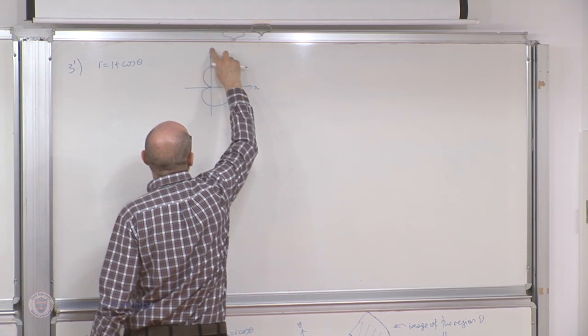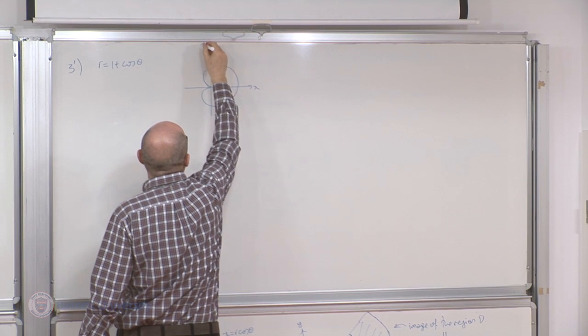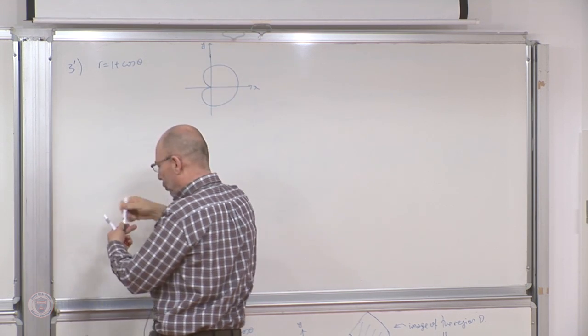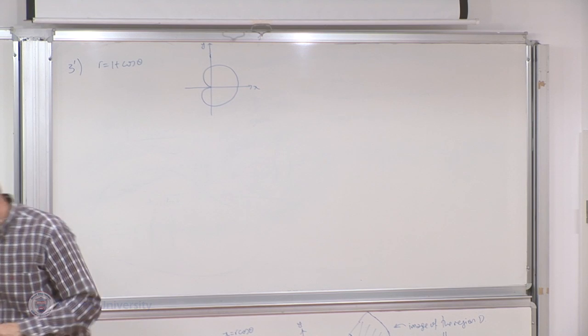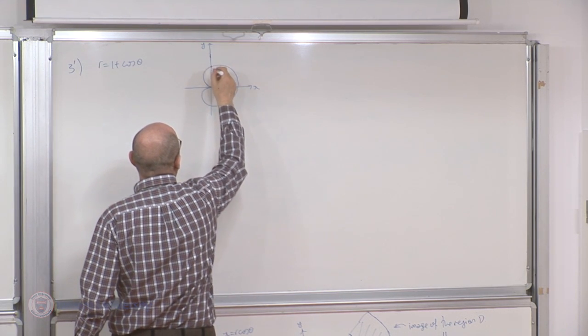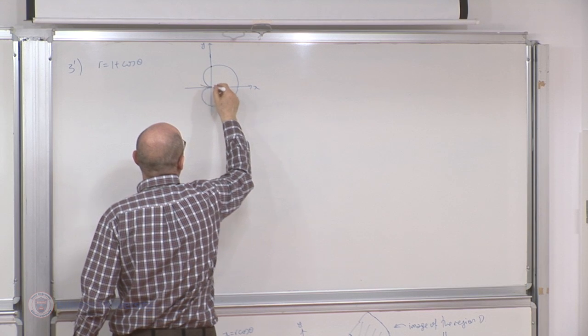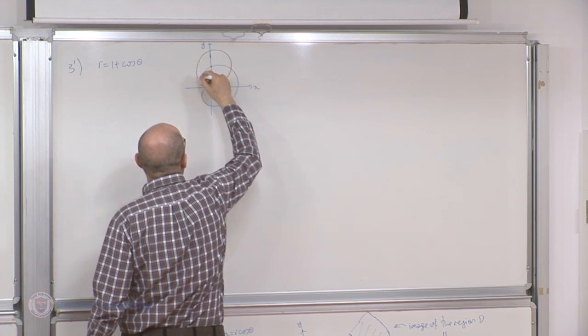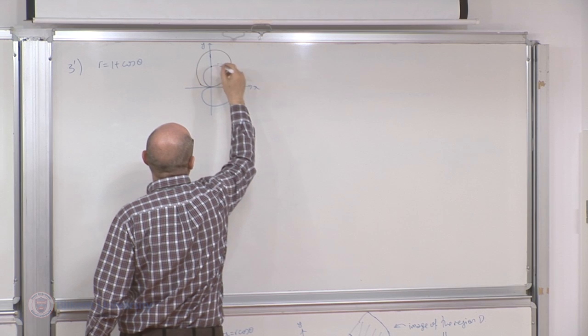Let me make this a little bit above here. And here I want to put a circle centered here. Okay, so this is 1. So consider this circle.